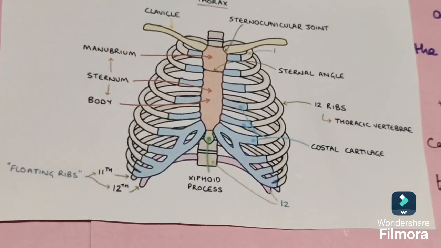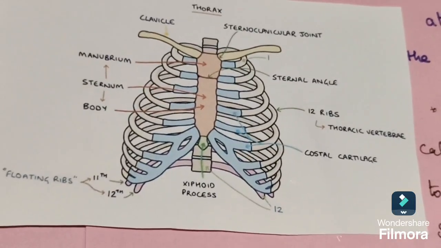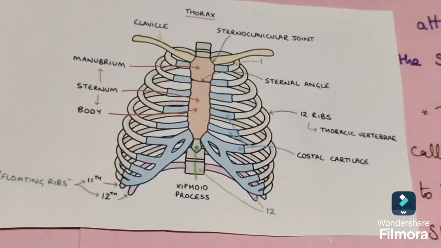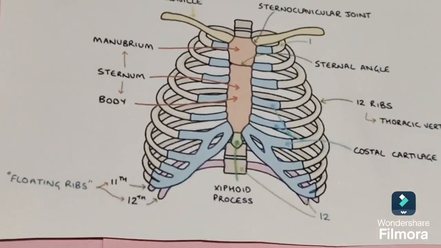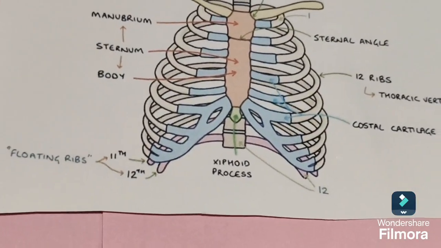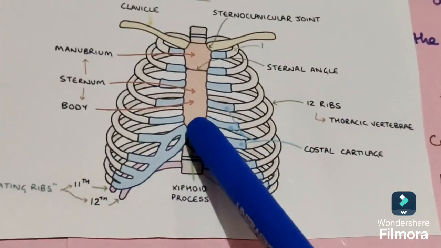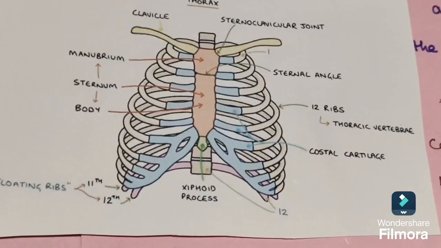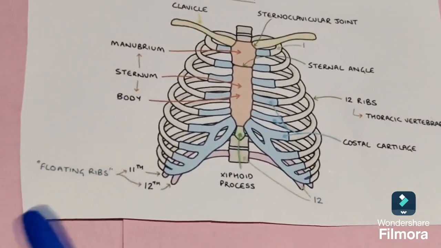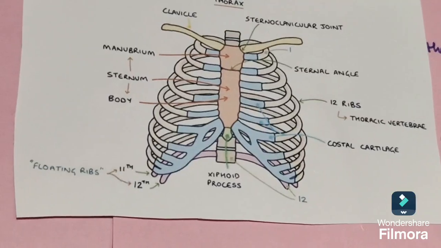They attach to the costal cartilages, which connect the ribs to the sternum. The 11th and 12th ribs are not connected to the costal cartilage or to the sternum. They are called floating ribs.